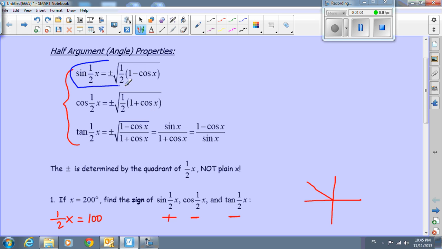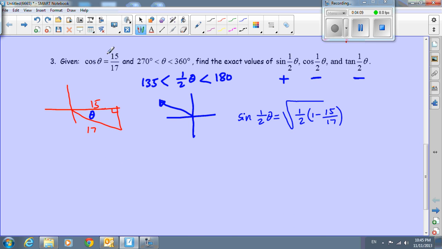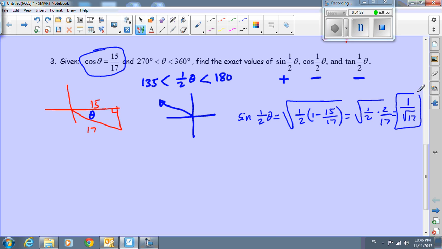So this is the formula I'm currently using, and knowing that the cosine was given, I'm using this value for the cosine. So from here, all I have to do is simplify. This is equal to the square root of 1/2 times 1 minus 15 over 17. That's 17/17, meaning 2/17. And this is equal to the square root of 17 on the bottom and 1 over that. You do not need to rationalize. I can take this as an answer.